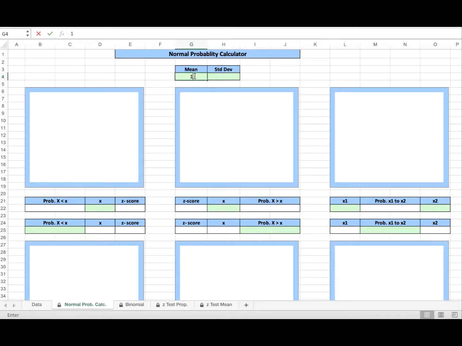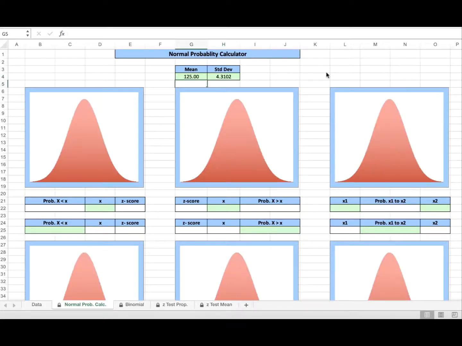We're assuming a population mean income of 125,000. Our standard deviation is equal to standard error of the mean, or sigma 45,000 over the square root of n, which is 109. So the standard error of the mean for samples of 109, assuming a sigma value of 45,000, equals about 4.31.